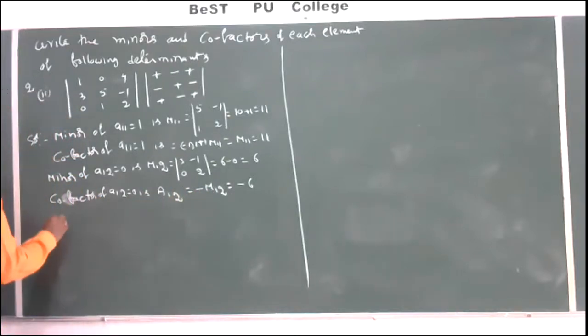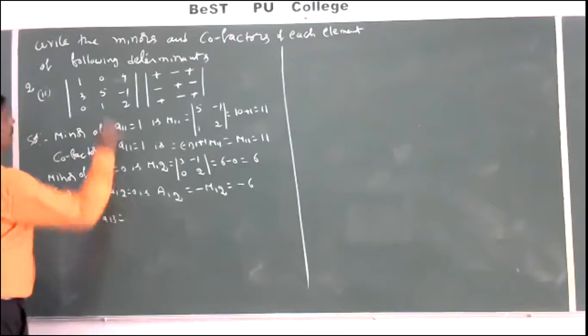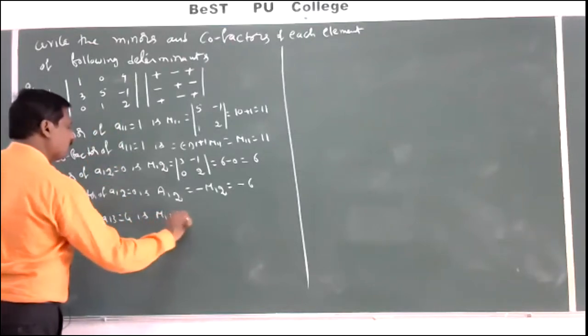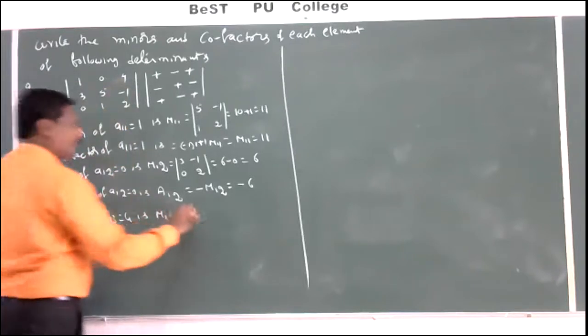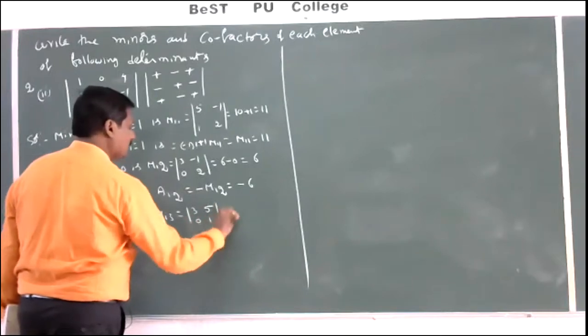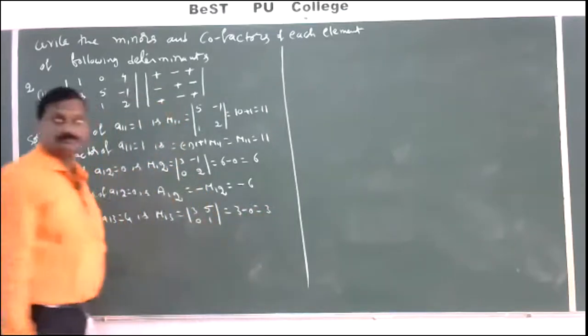Next, minor of a13 is capital M13. Leave the first row and third column and write down the determinant of the remaining elements: 3 5, 0 1. This is 3 minus 0, that equals 3.